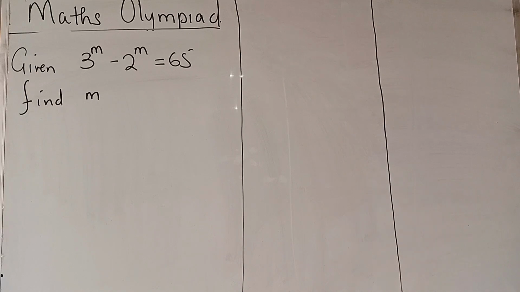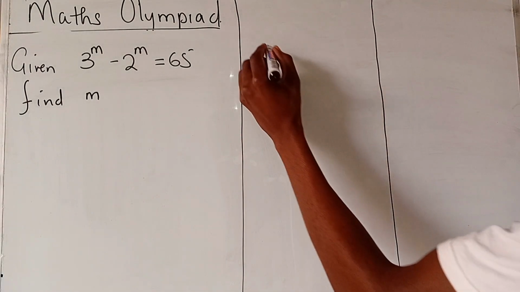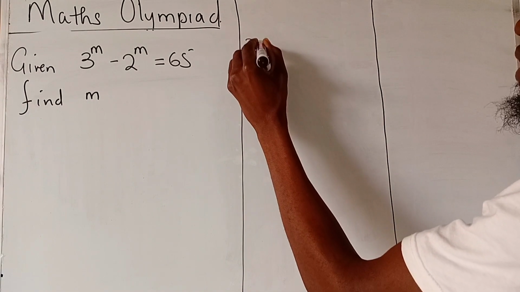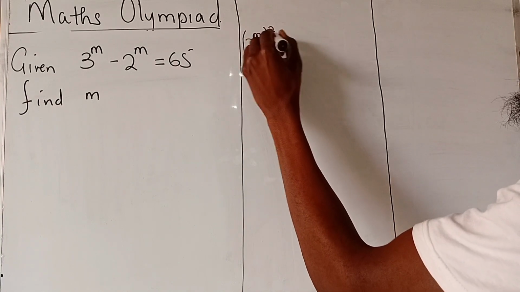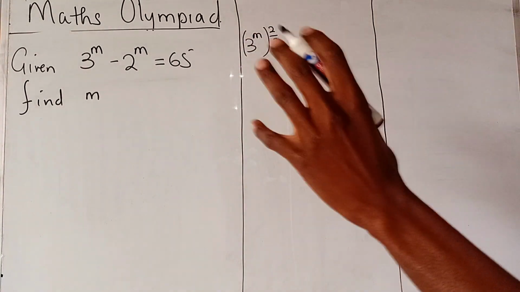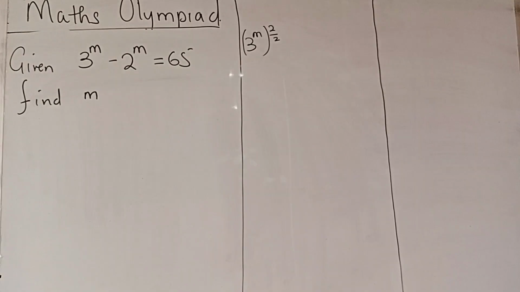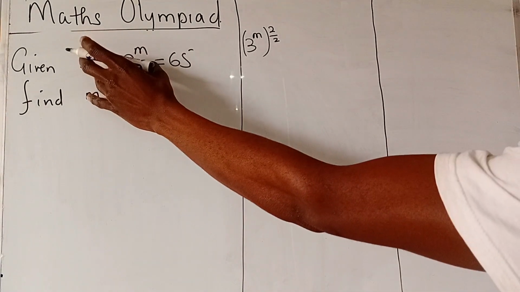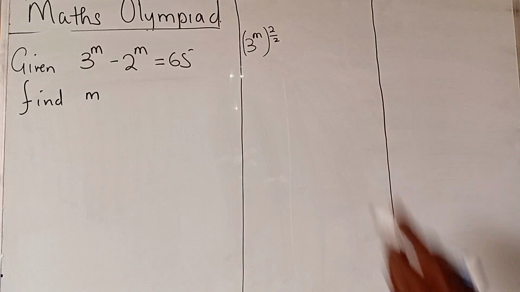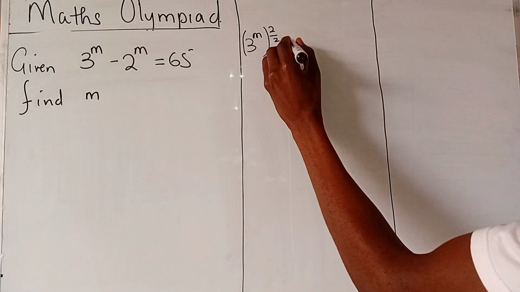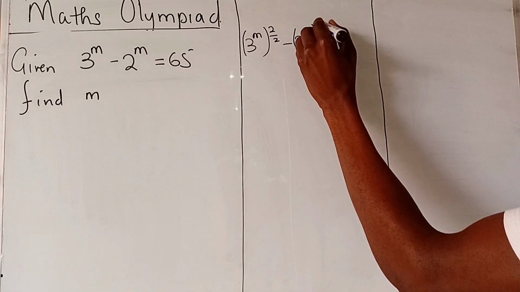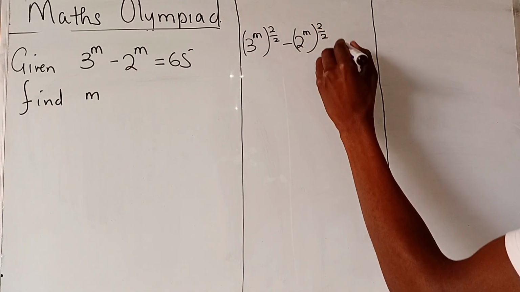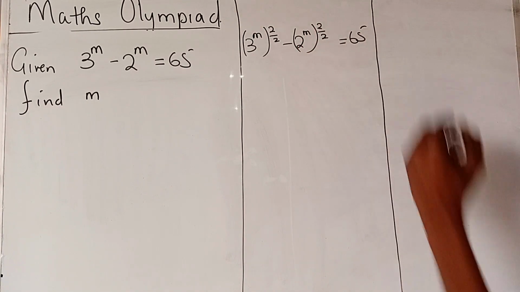By multiplying a false one, I mean here we are going to have 3 to the power m, bracket all raised to the power 2 over 2. Remember, my intention here is to square, but I want to square in such a way that I don't affect the 65. Then minus 2 to the power m, again bracket 2 over 2, is equal to 65.